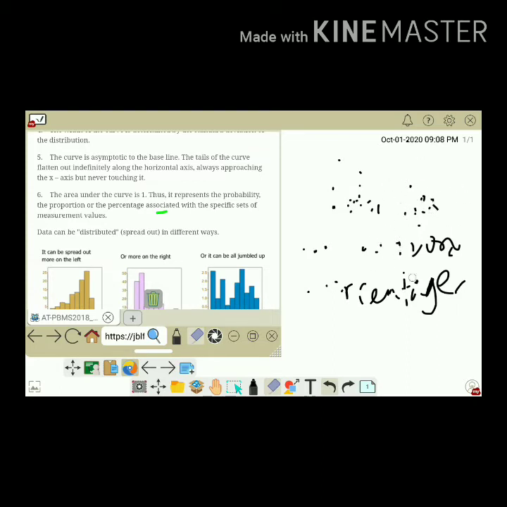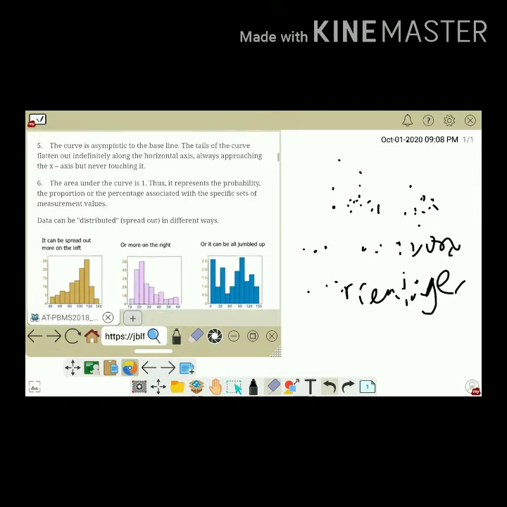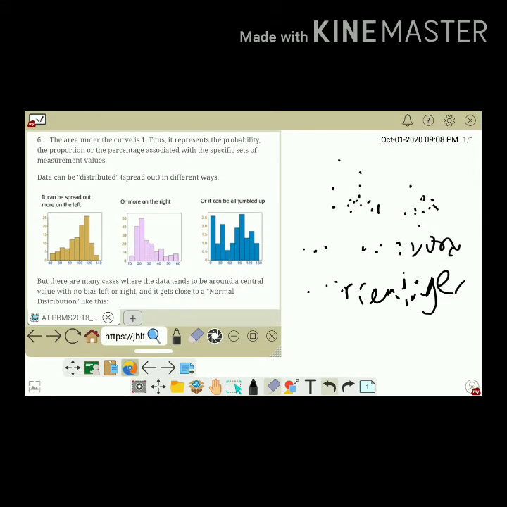Okay, so we will continue with our discussion. Data cannot only be represented by a bell shape or your normal distribution.